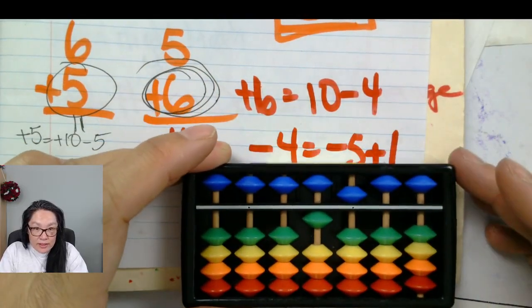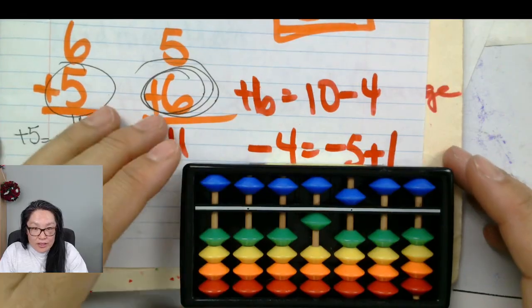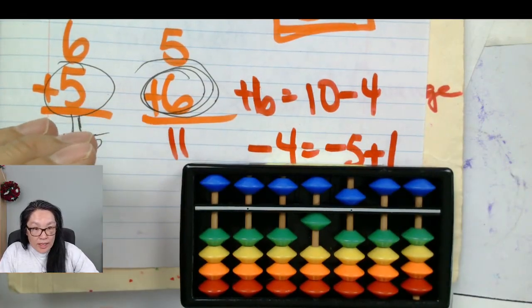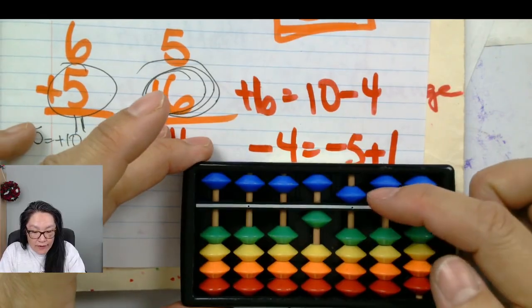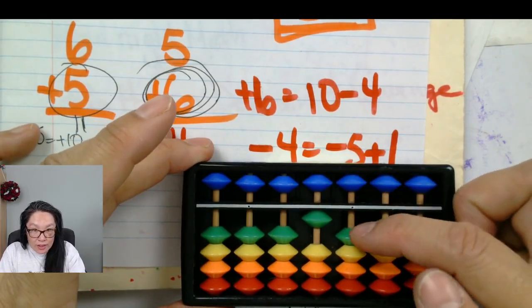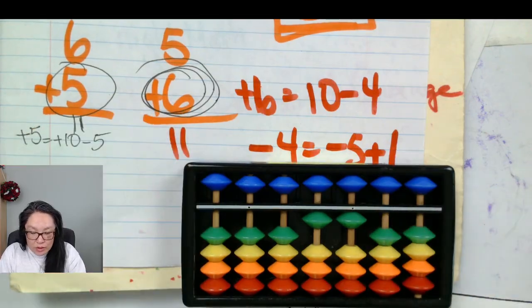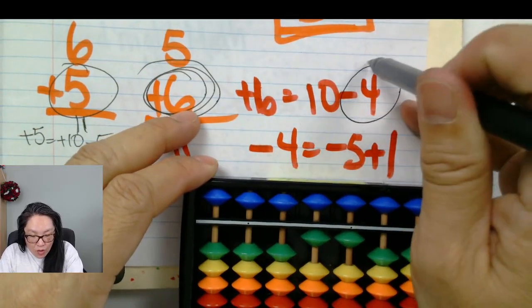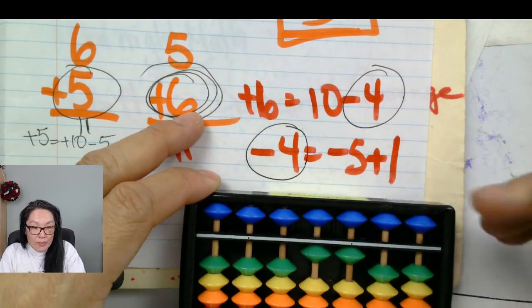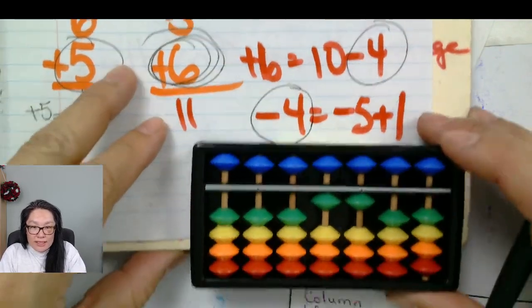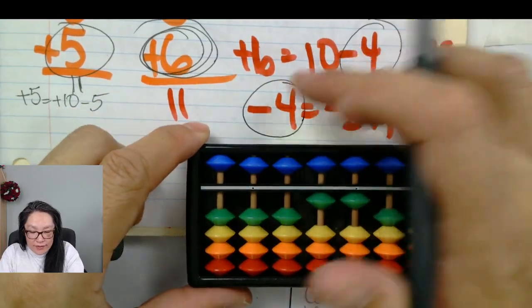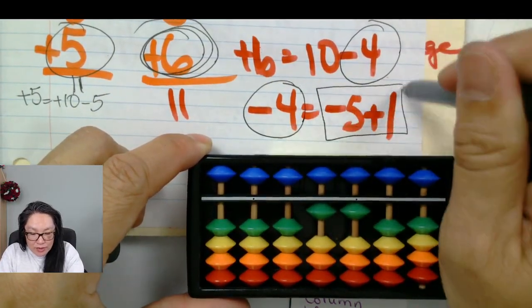Minus the 4 is minus the 5 plus the 1. What? Yeah. So all I have to do is minus the 5 plus the 1. This is why we call it a two-step equation, because this 4 is not Bob the Builder anymore. This 4 needs to get modified. This 4 needs to have a substitution, and this is what we substituted.